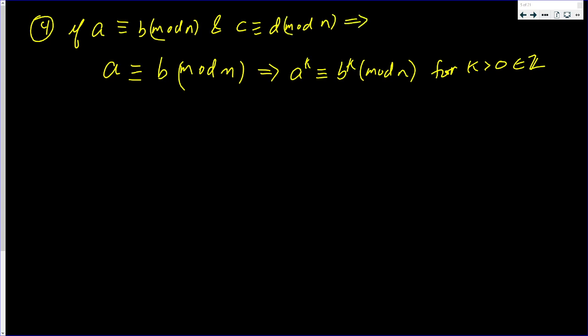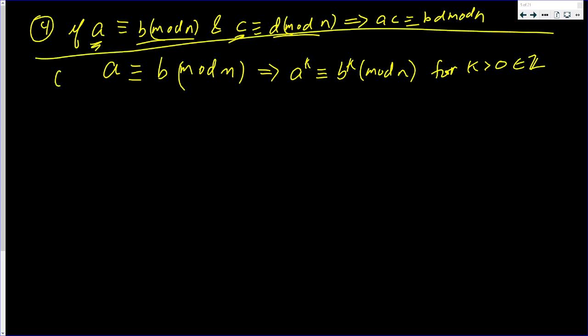Then you can multiply the A's and the C's, and it'll be congruent to when you multiply the right side, B times D mod n. Okay, we're definitely going to use that. Now, we're going to prove this by induction on k.